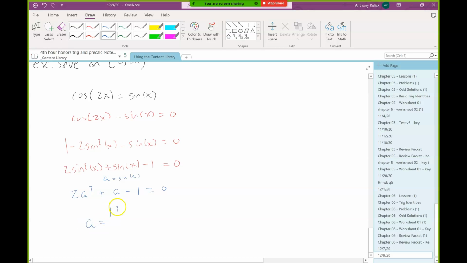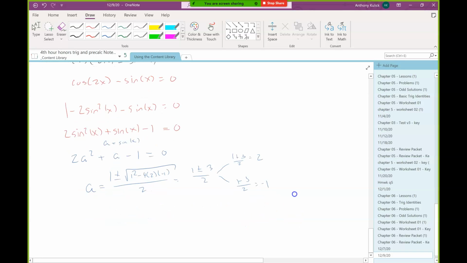It might be a little bit easier. So 1 minus a -8 is 9. The square root of 9 is 3. So 1 plus 3 over 2 is 2. And 1 minus 3 over 2 is -1.